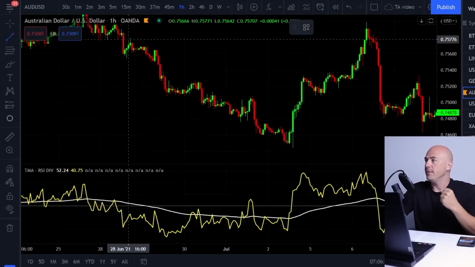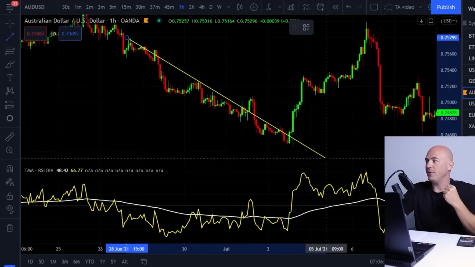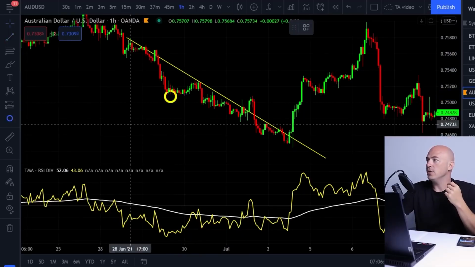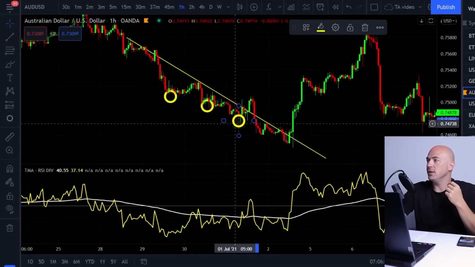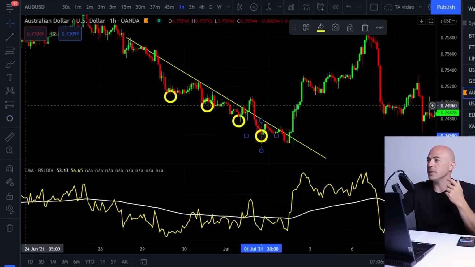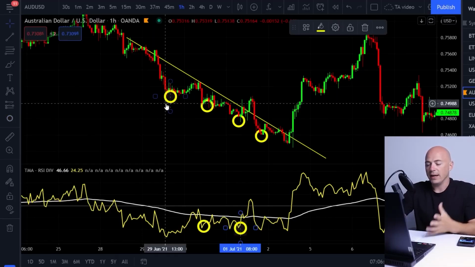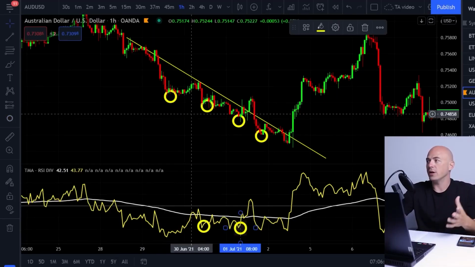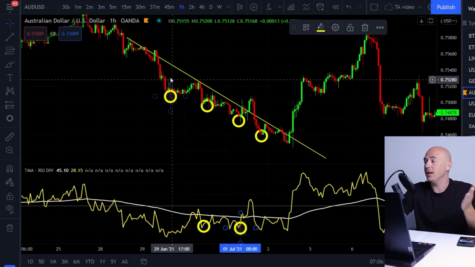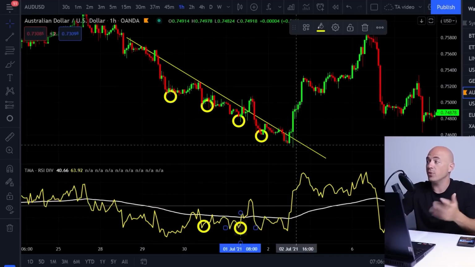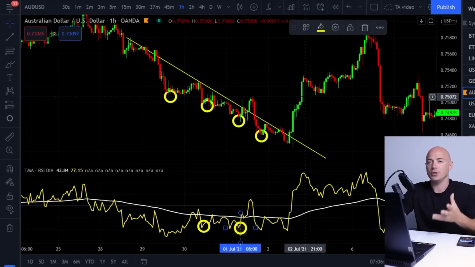Listen, when the price is trending down, right? And you're creating lower lows, constantly lower lows, and on the RSI, you're making higher lows. This is a trending market, and you're trying to fight a trending market. You need to wait for the trend line of the trending market to break before you get into a divergence trade.